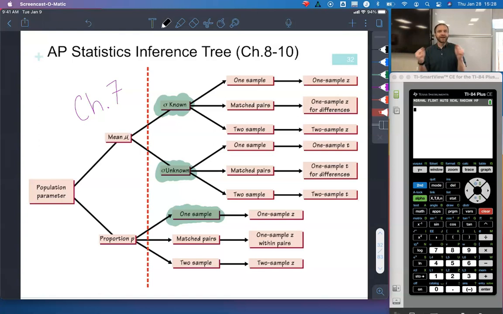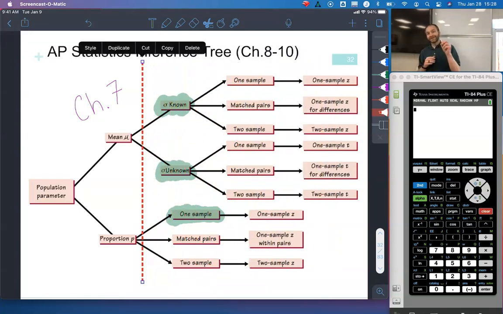So that's a branch that we're going to be going off on in these 8 through 10 chapters here. The other is if you have a proportion. Right now, we're just looking at one sample, and we're going to be dealing with those. So this decision tree, now what's happening is we are going to start seeing us going across and figuring out the rest of these. So Chapter 7 kind of stopped here. Chapters 8, 9, and 10, we now go to the right.